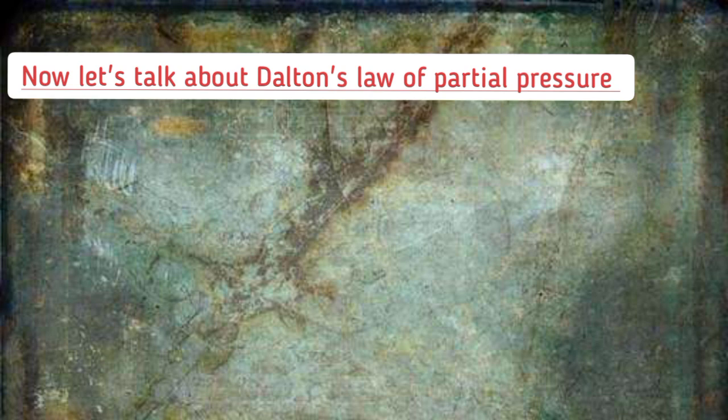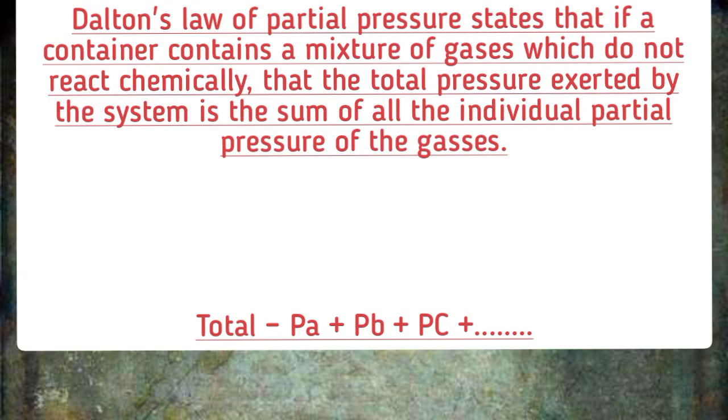As I said, in this ideal gas equation there are two equations. Take note. Now let's talk about Dalton's law of partial pressure. Dalton's law of partial pressure states that if a container contains a mixture of gases which do not react chemically, the total pressure exerted by the system is the sum of all the individual partial pressures of the gases.